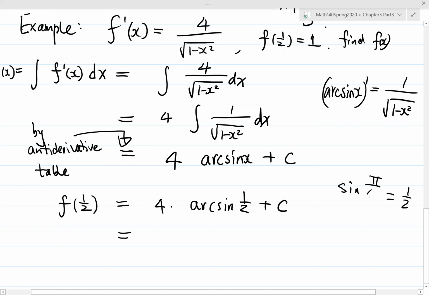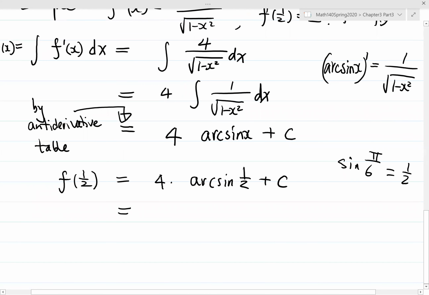Sine pi over 6 is 1/2. Arcsine is defined as the angle from negative pi over 2 to pi over 2. So it's 4 times pi over 6 plus c, which is 2 pi over 3 plus c.